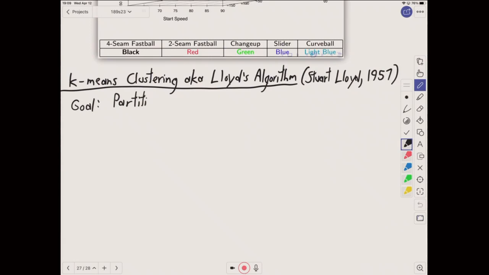So in this problem, somebody gives you n points in some space, usually Euclidean space, but not always. And you know how many clusters you want. So you know that you want to partition them into k clusters. And we won't really have time to talk about how to pick a good k, although validation is always the answer to everything. But let's assume we know k. Let's assume we know how many clusters we want.